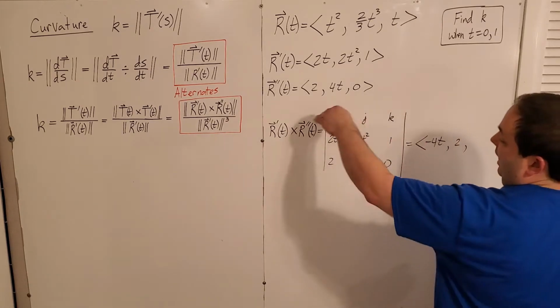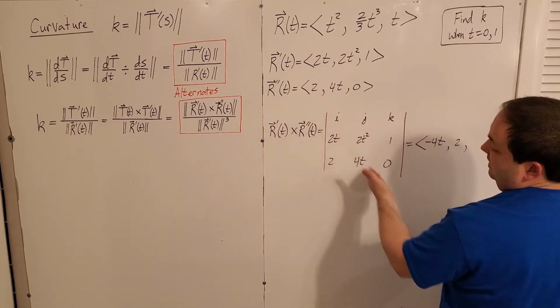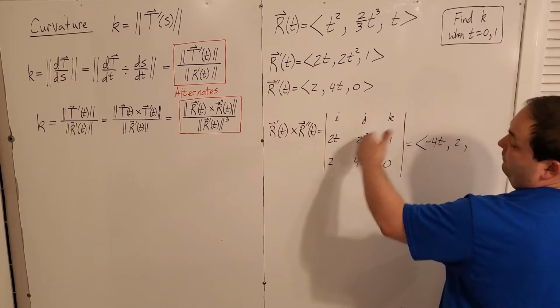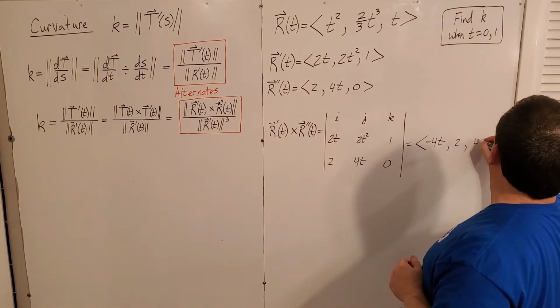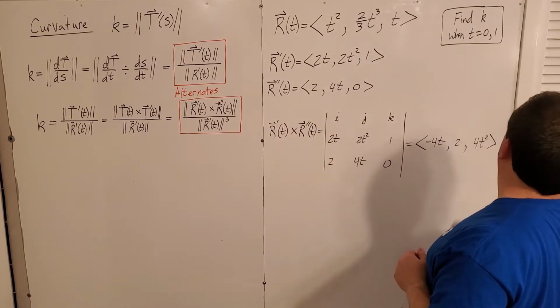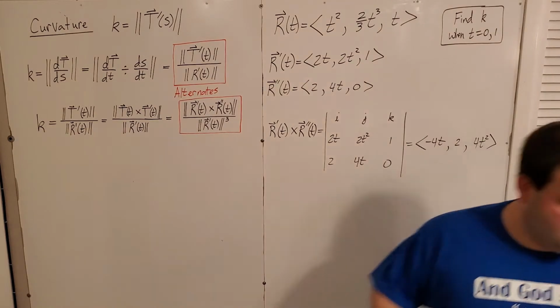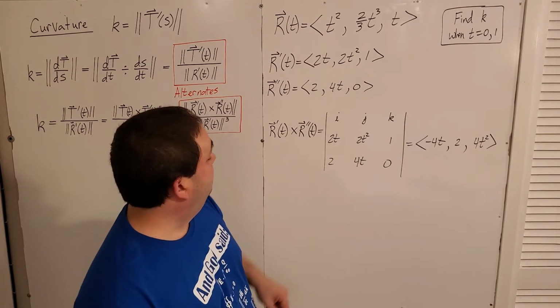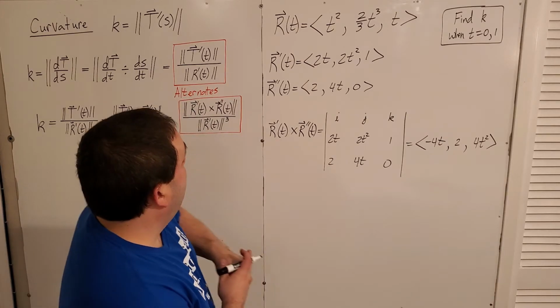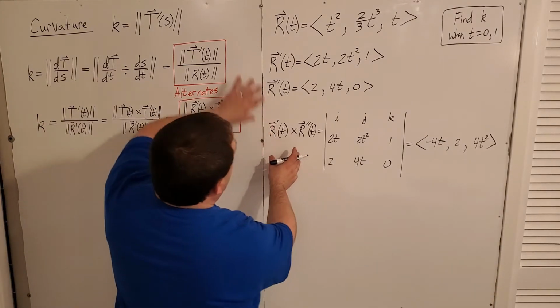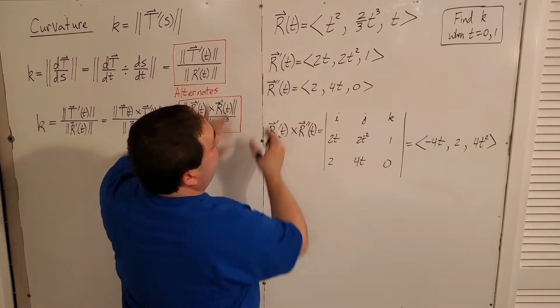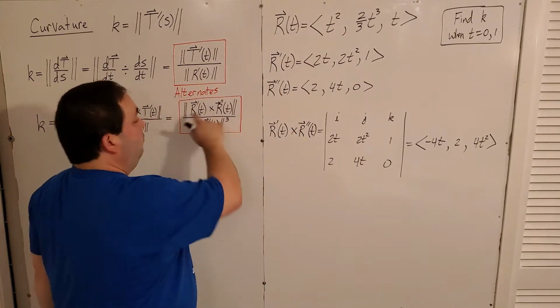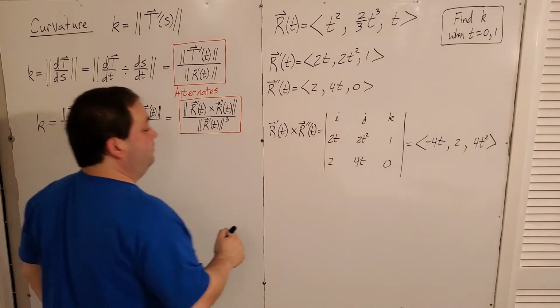And then for k, I've got 8t squared minus 4t squared, so 4t squared, like so. Okay? So I've got my cross product vector there. And I just need to find its length and the original tangent vector length right there. And we can calculate the curvature.